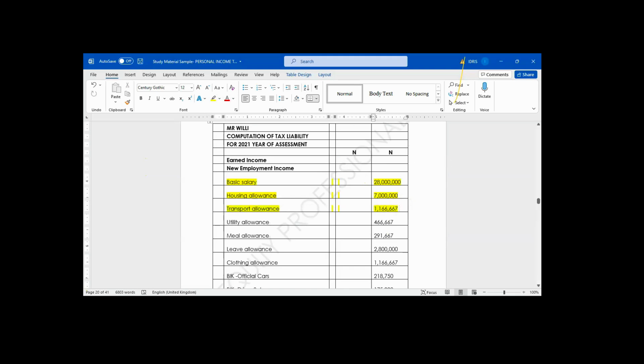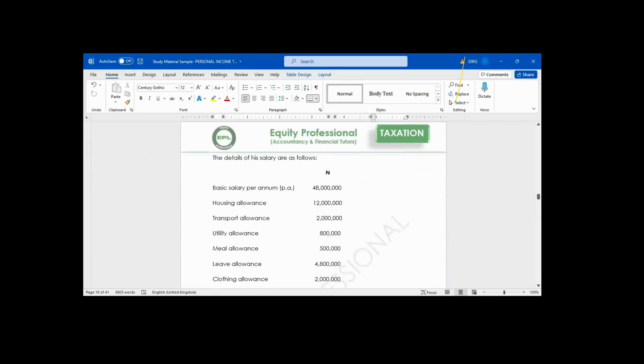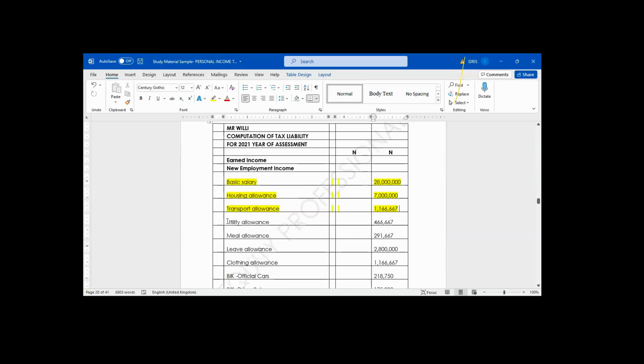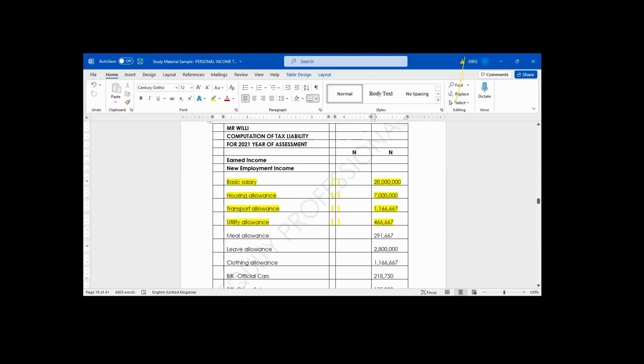The next one is utility allowance. 7/12 times 800,000: 466,000. Meal allowance: 7/12 times 500,000.